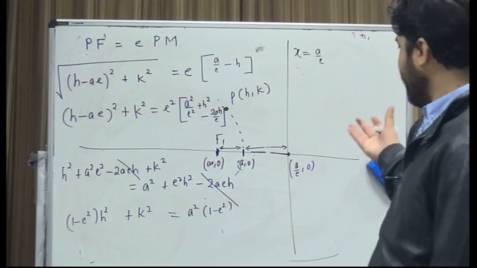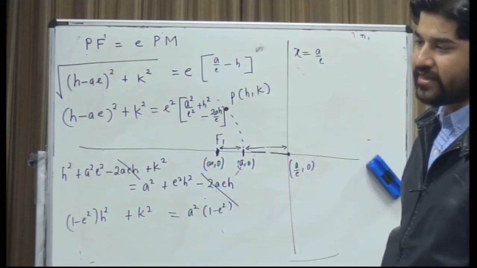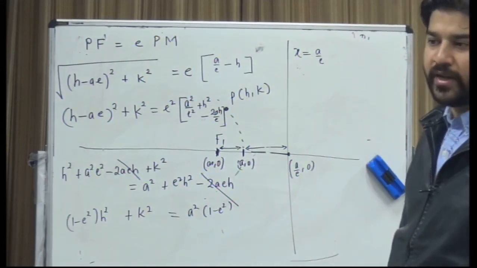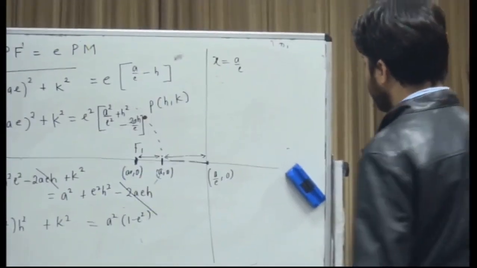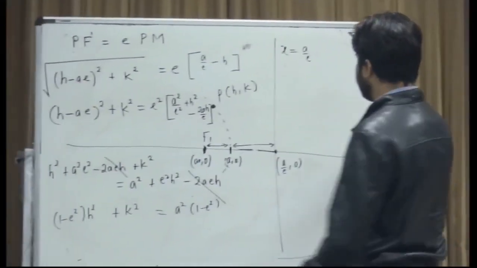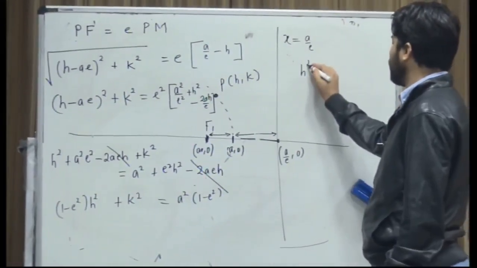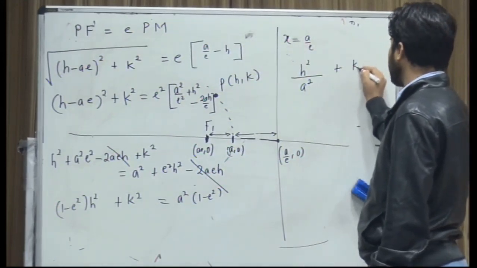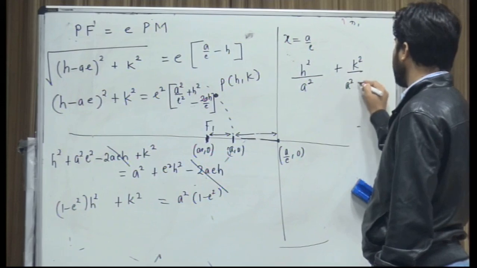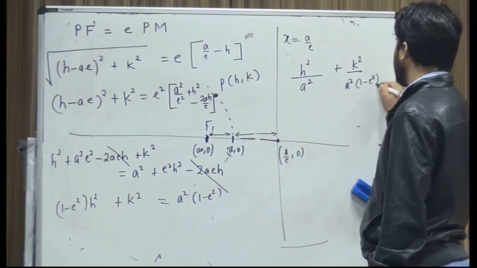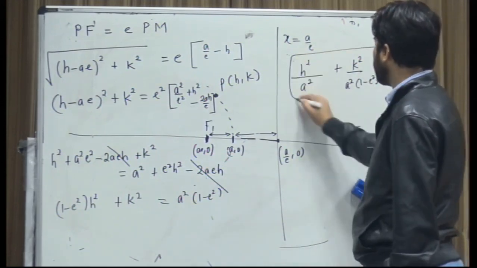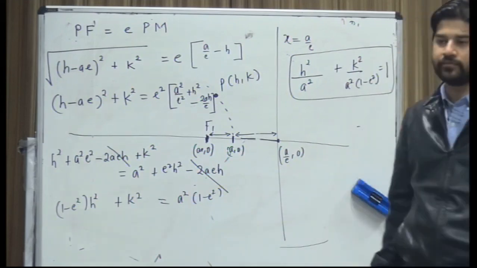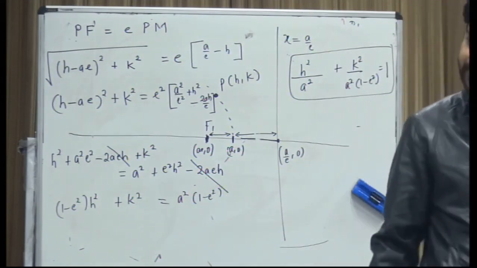Now I can divide the whole left hand side and right hand side by a square into 1 minus e square. So I'll get h square upon a square plus k square upon a square into 1 minus e square is equal to 1, right?